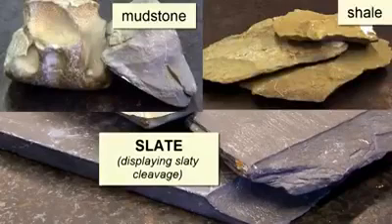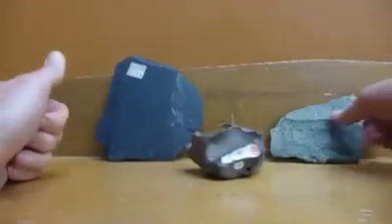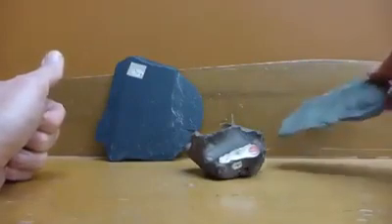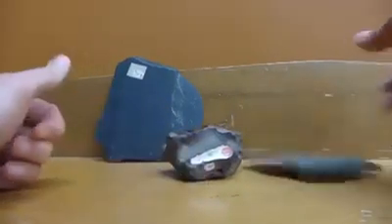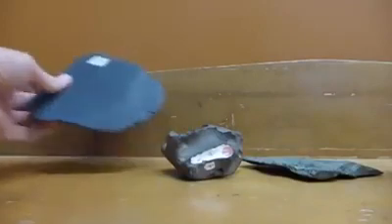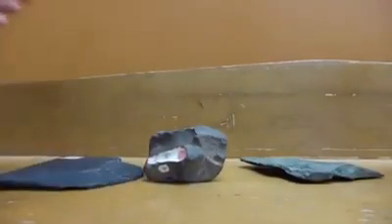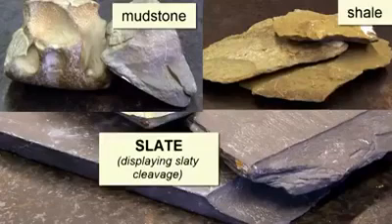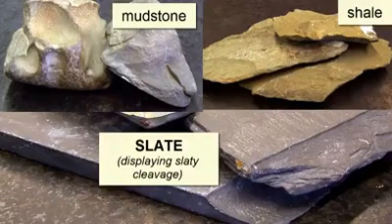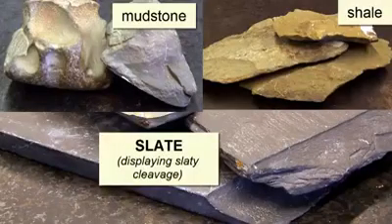In fact, you can even hear a difference among these three rocks. Mudstone is less dense and compacted. Shale is more dense and compacted. Slate is the most dense and compacted.